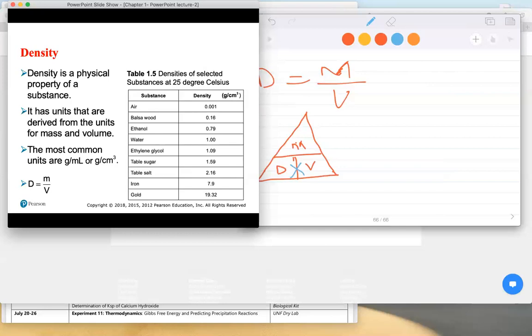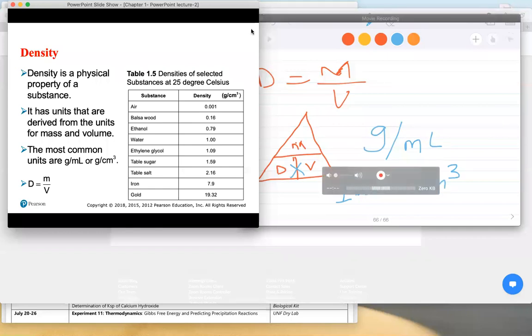Sometimes it can be grams per ml, because 1 ml equals 1 cubic centimeter, or 1 cc. It used to be cc. All right, I don't expect you to memorize all this. You'll be given if need be.